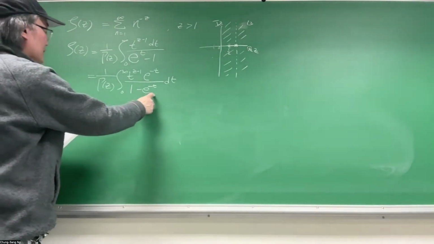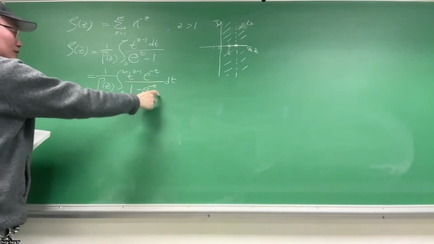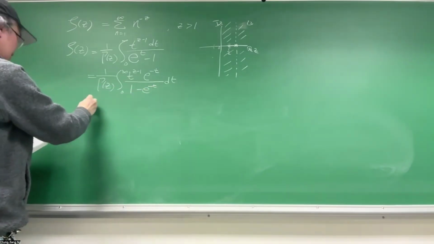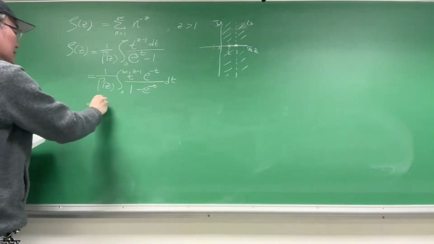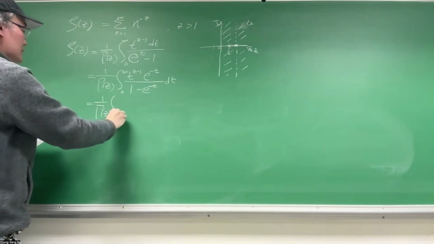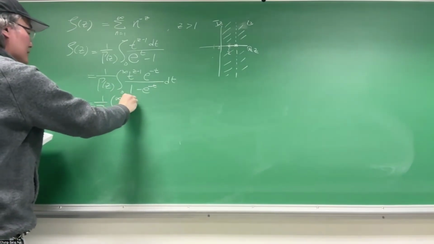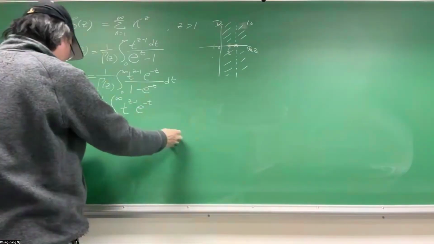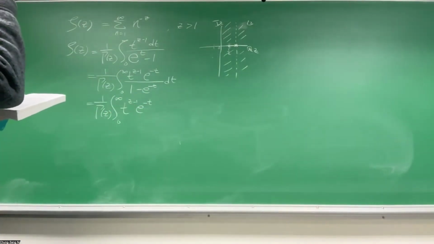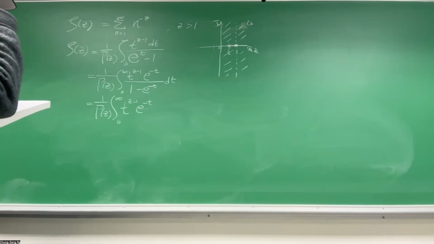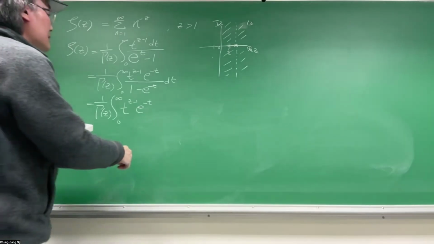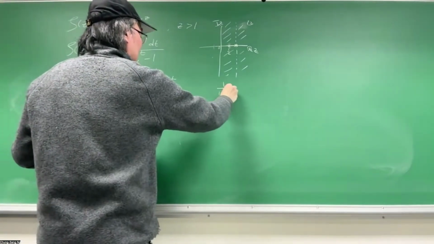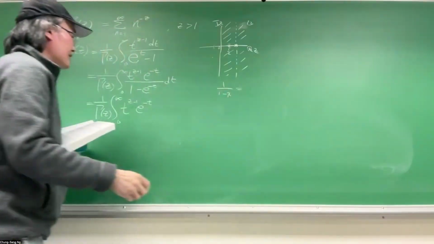And e to the minus t is a number that is less than 1. So you can do the expansion of 1 over 1 minus e to the minus t, and it turns out to be a summation. So basically, what is 1 over 1 minus x? We talked about that.